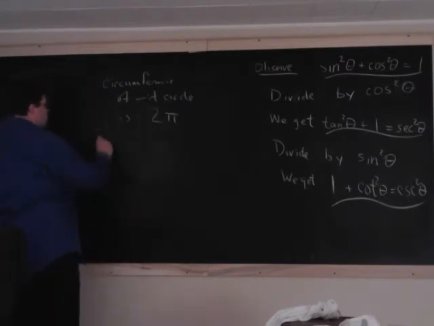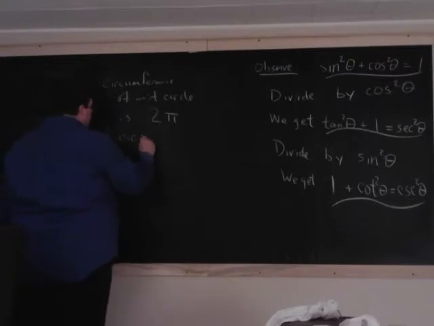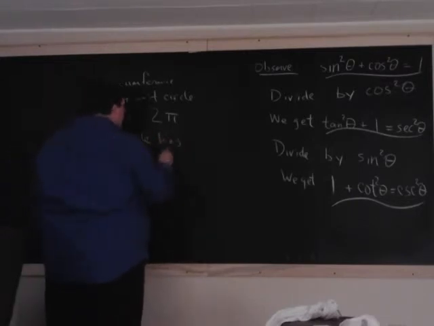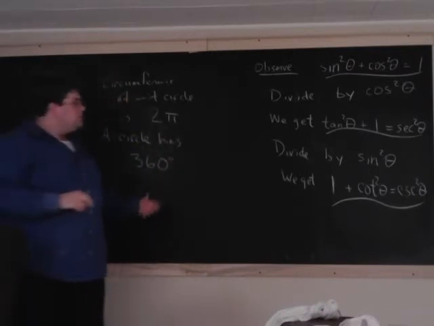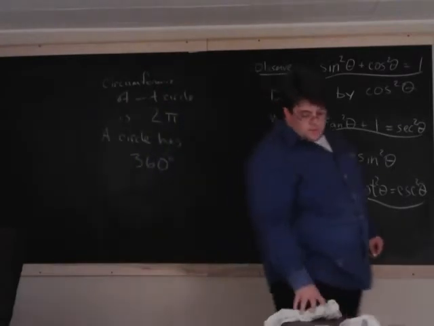Well, the angle that defines a circle has 360 degrees. And we're going to use this standard to define a radian.